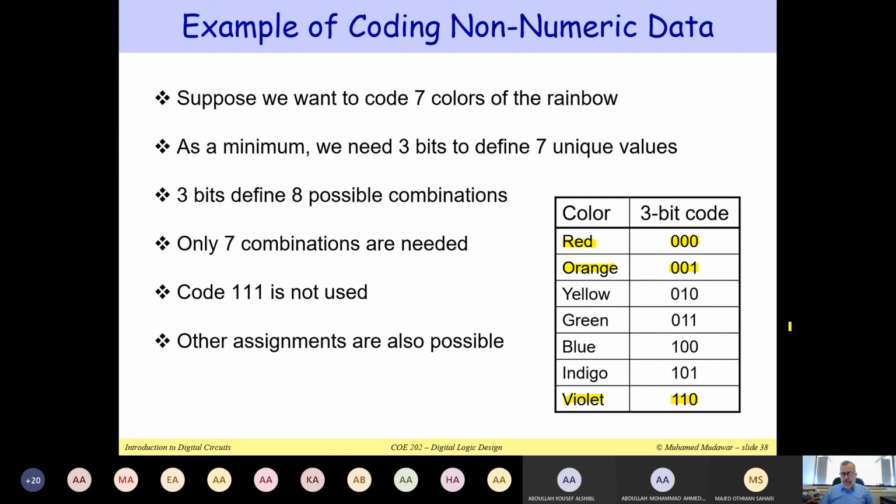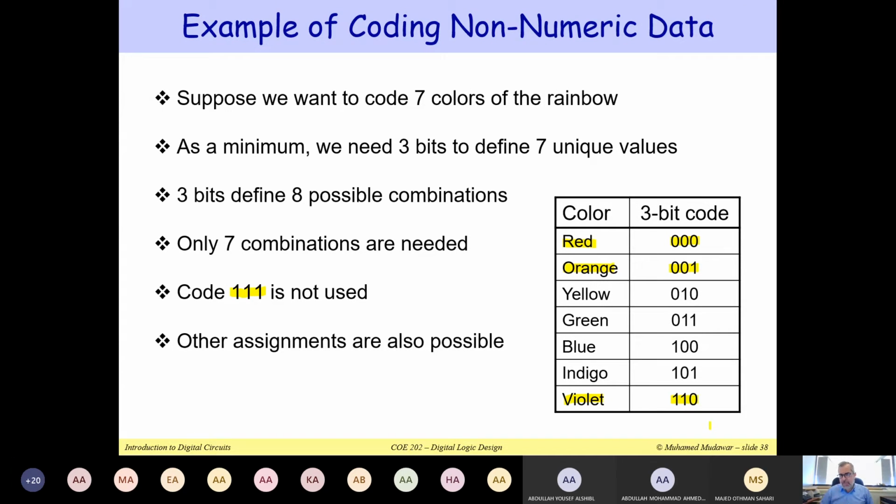Notice that I'm defining only 7 codes for these 7 colors. There is 1 code which is unused because 3 bits define 8 codes. Notice that the code 111 is not defined. It's not used, okay? That's fine.